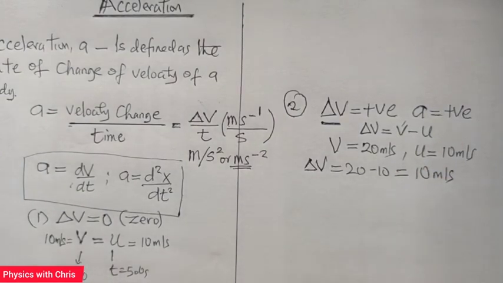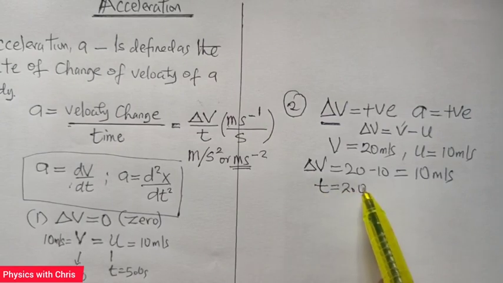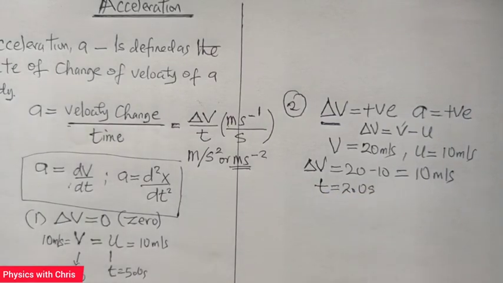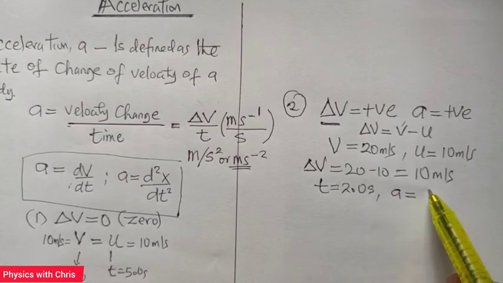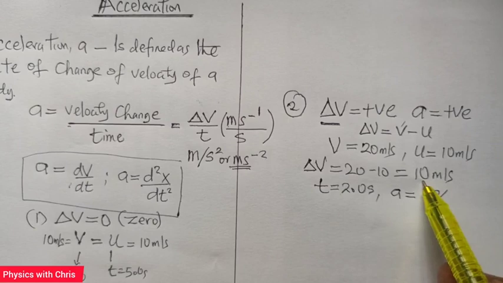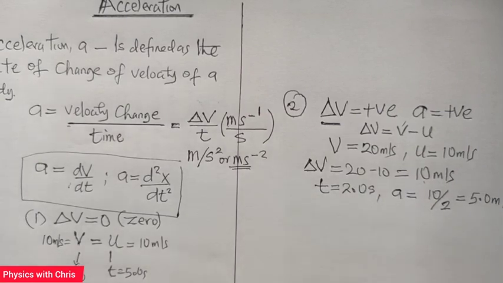Now, if this change in velocity takes place in 2 seconds, that is, the velocity of the body changes from 10 to 20 in just 2 seconds, it therefore means that the acceleration of the body will be 10, which is the velocity change, over 2. That gives you 5 meters per second squared. So it means that when the change in velocity is positive, when the final is greater than the initial velocity, it means the body accelerates.